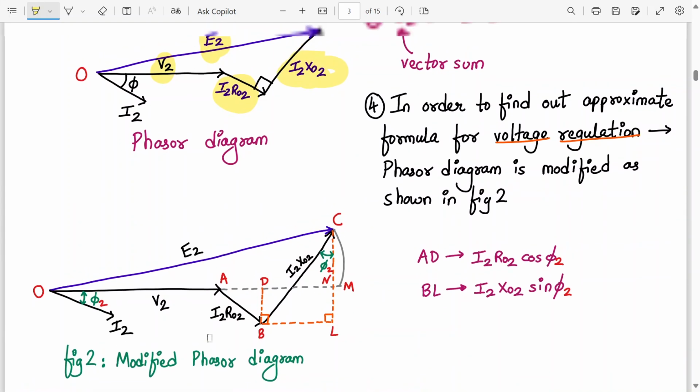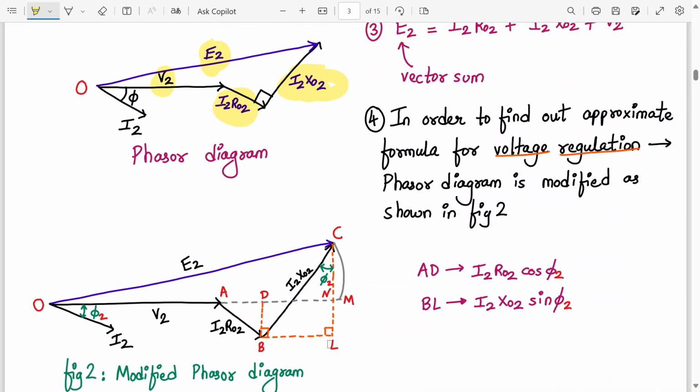We have included geometry now. From 0 to A is my V2, A to D is my I2 R02, the adjacent side. Here we have marked M, B, L, which is a rectangle, and here we have L and C.